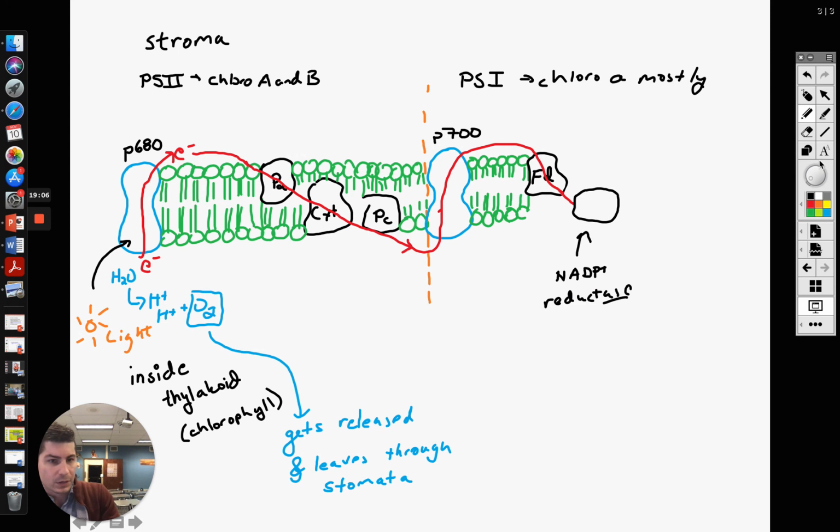The electron is going to go there, and then that electron is going to get used. It's going to get paired with NADP plus, and it's going to reduce it to get NADPH. And that is the end of photosystem number 2.